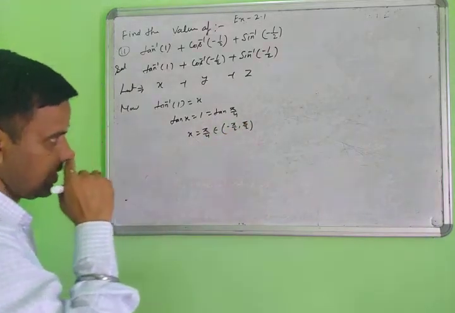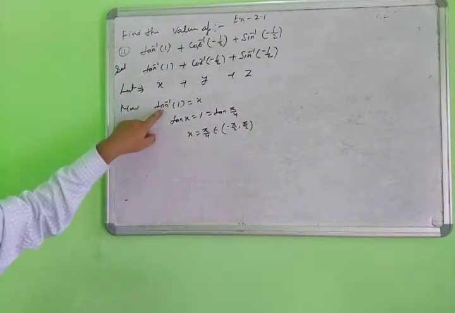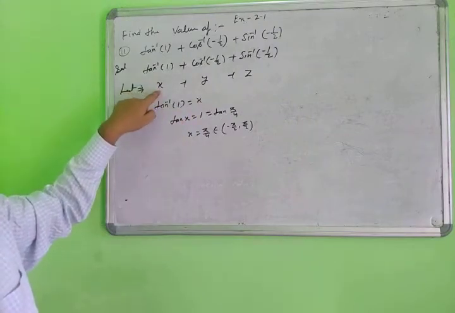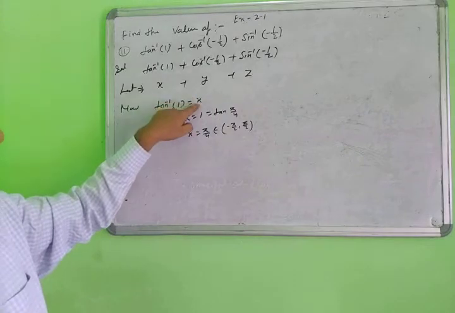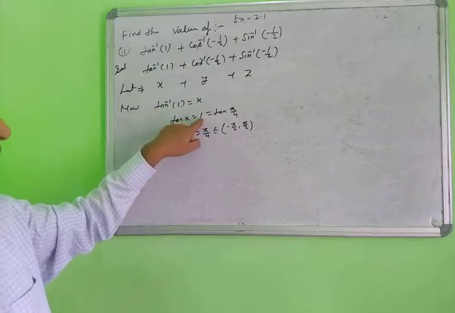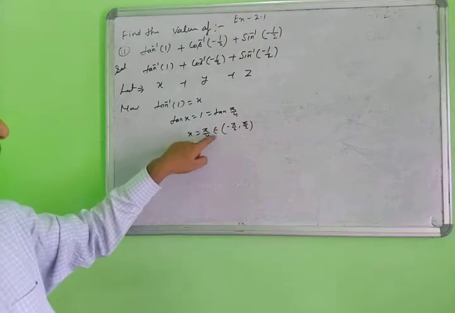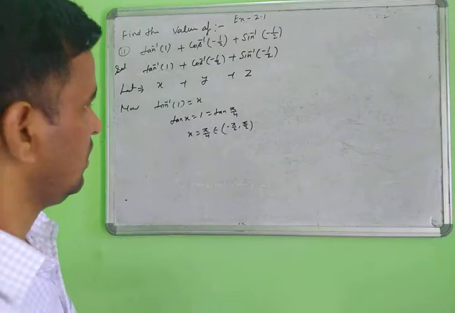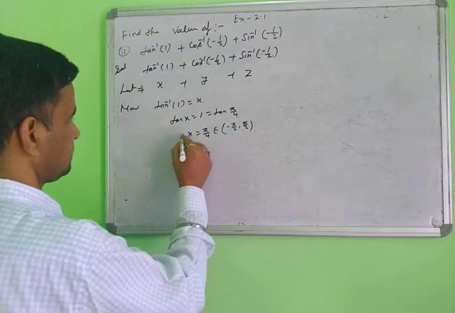Tan pi by 4 equals 1, so the value of x is pi by 4, which lies in the range of tan inverse, minus pi by 2 to plus pi by 2. Next, this is the value of x.